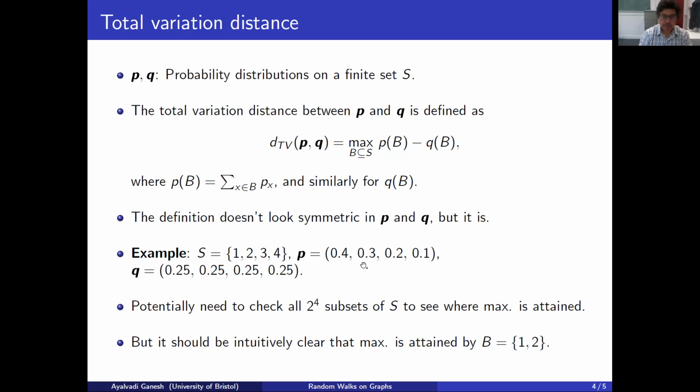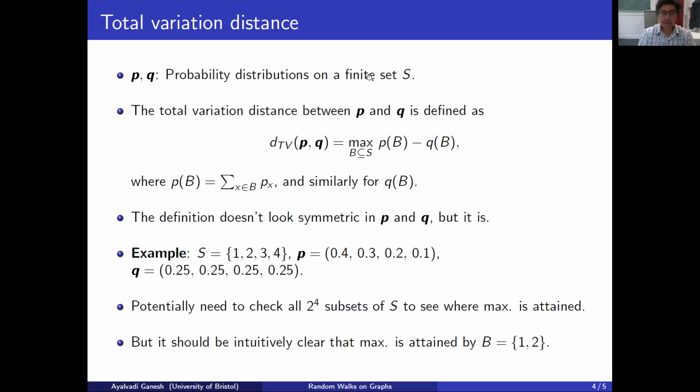It's also worth remarking that we have defined this for finite sets, but in fact there's nothing in this definition which makes us restrict to finite sets. The definition works perfectly well for countable or uncountable sets.